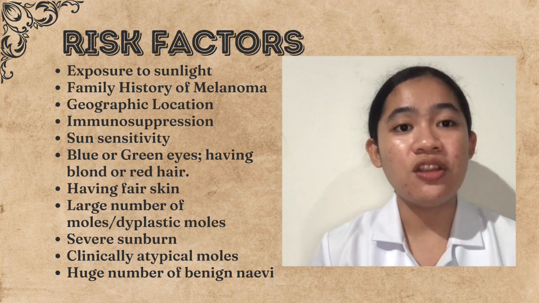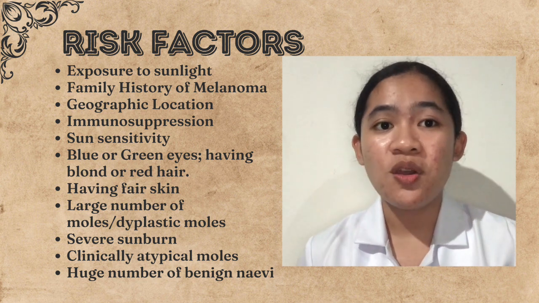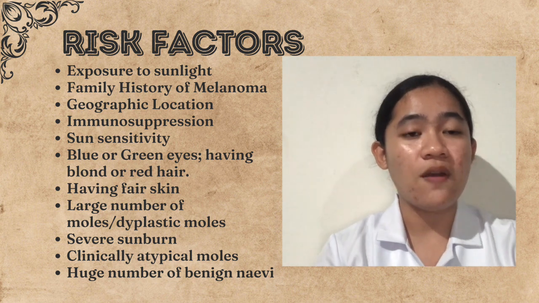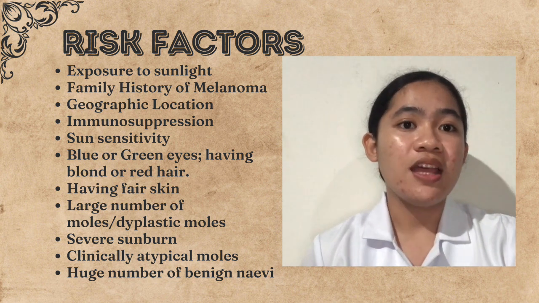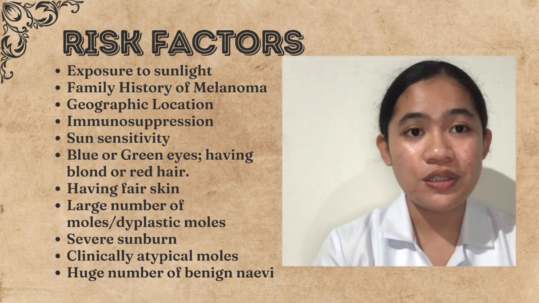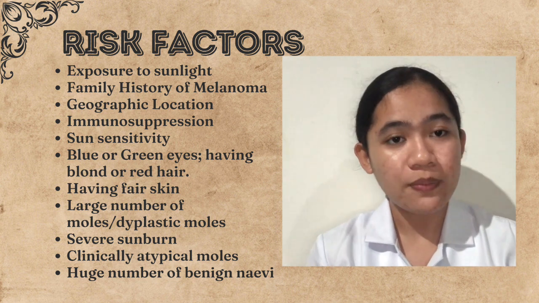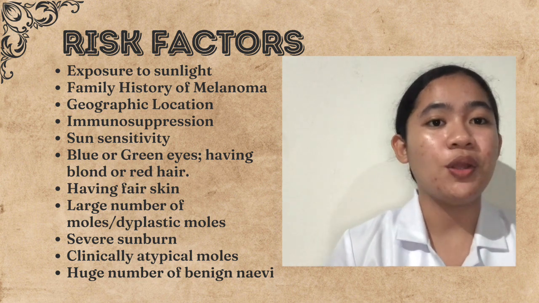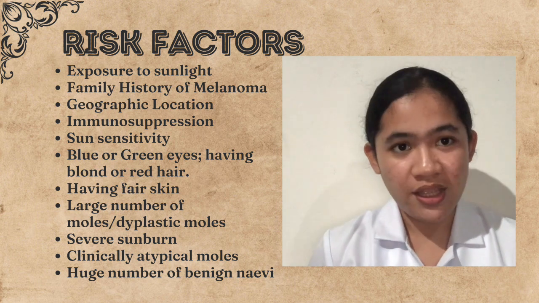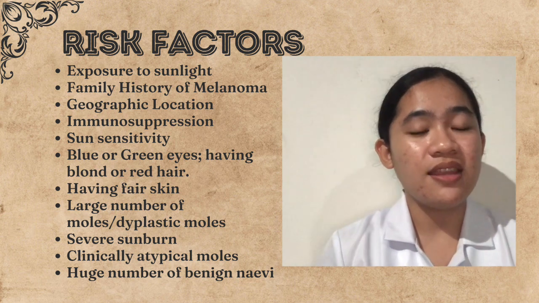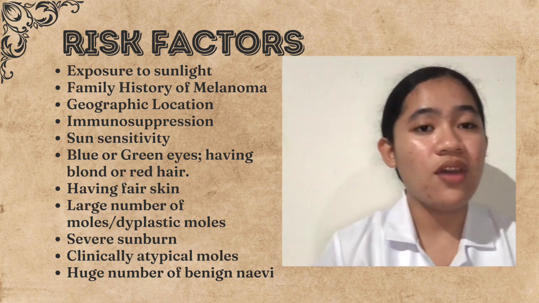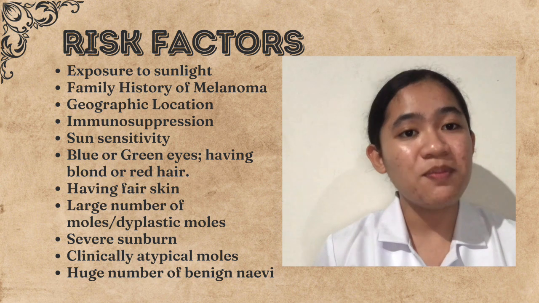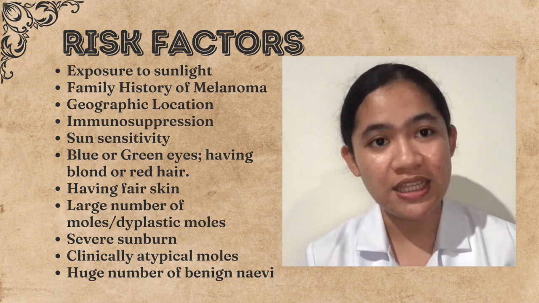These melanocytes produce melanin, which serves as a protective layer to our skin against sunlight or UV rays and helps avoid skin cancers or skin diseases. If this damage to our skin cells is left unrepaired in our body, it may result in the development of abnormal cells and may lead to skin cancers or skin melanoma.